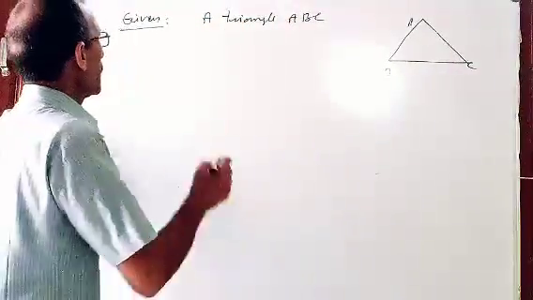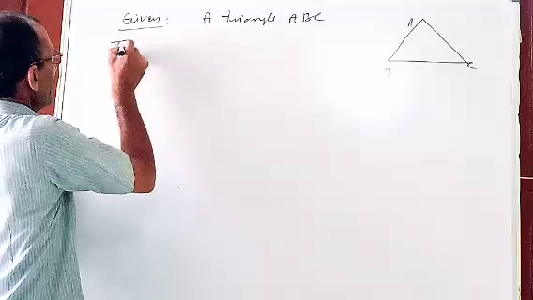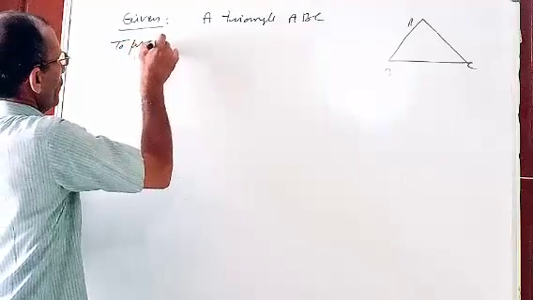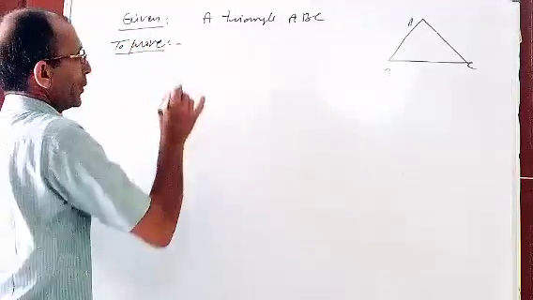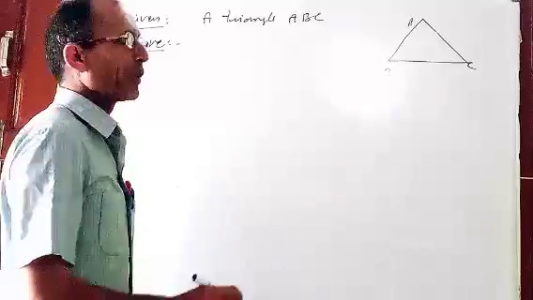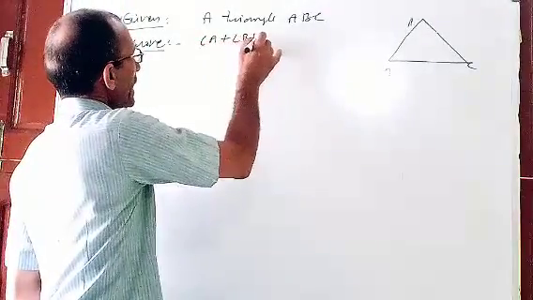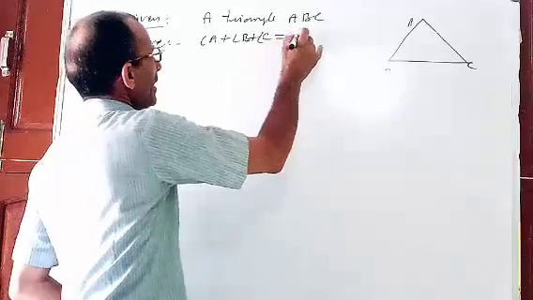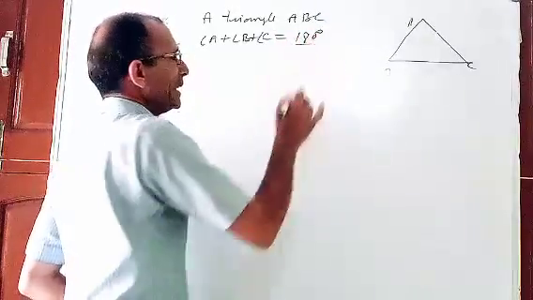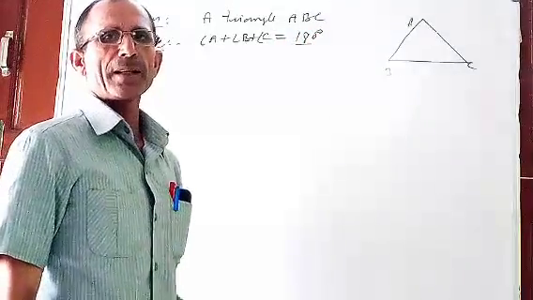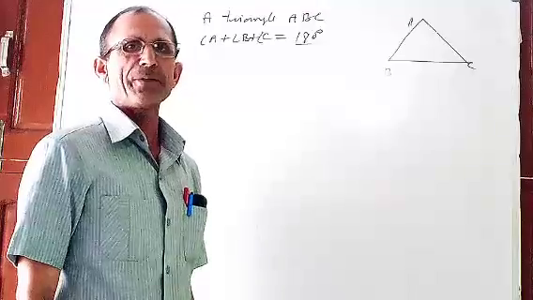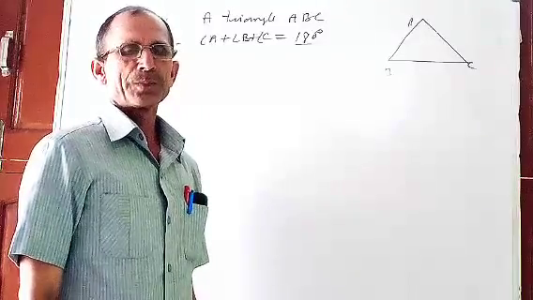What do you have to prove? To prove, we have to prove angle A plus angle B plus angle C is equal to 180. It means the sum of the angles of a triangle is 180. We have to prove this. Understood?